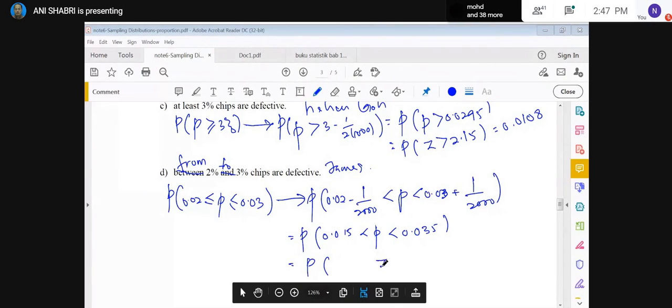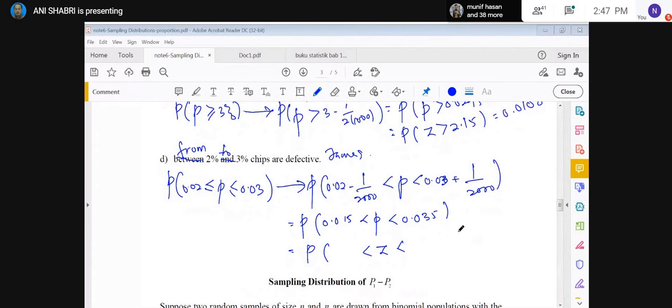Okay, berapa nilai Z? Try kira. What is the value? Apa tu kira berapa nilai Z? Doktor, yang untuk P tu saya dapat 0.00195. Yang mana yang ni?